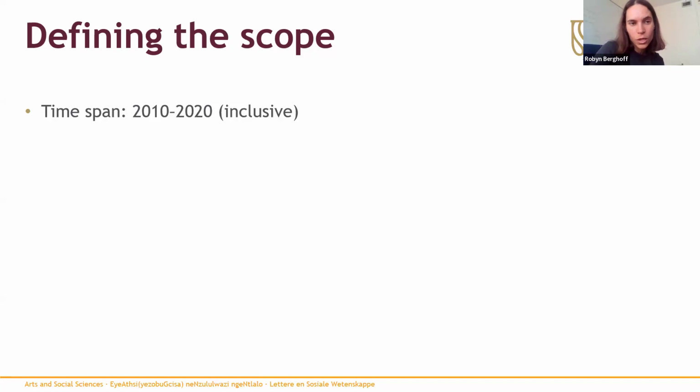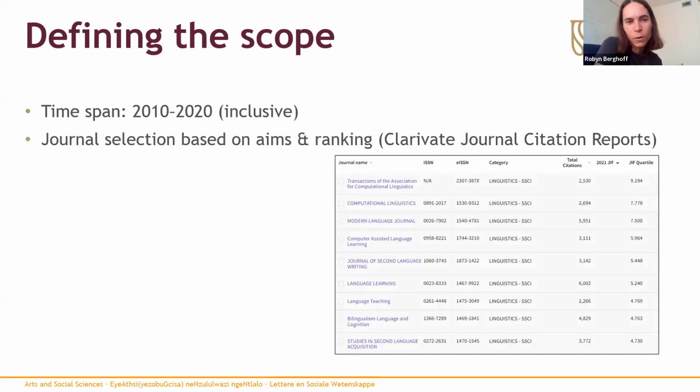We then also needed to determine where we were going to gather our multilingualism research from. So what exactly are we looking at in terms of research? Here we adopted two criteria. The first was that we relied on our own knowledge as scholars in this field to identify journals that would be relevant to include, particularly in terms of the scope of the journals.